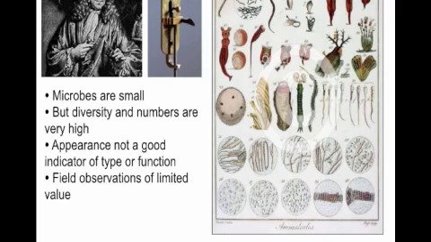Perhaps the most important thing for a lot of this course is that the physical appearance of a microbe when you actually look at it in a microscope, if they are that small, is not generally a good indicator of either what type it is, that is evolutionarily what group of organisms it comes from, or what it's capable of doing, what its functions are.